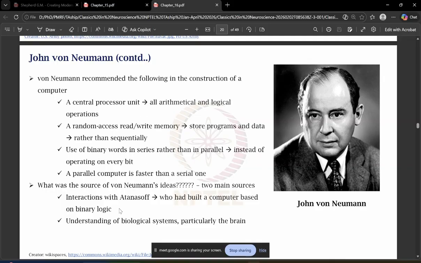Moreover, apparently, Atanasov was also going to make one more computer. He had started building another computer for the naval ordnance department at the naval ordnance facility.